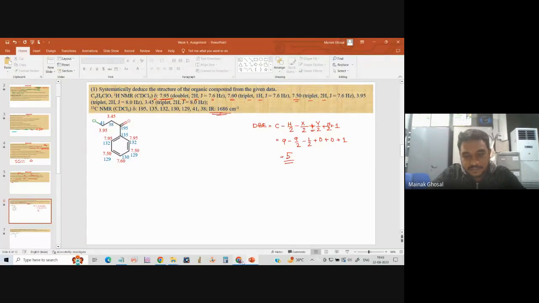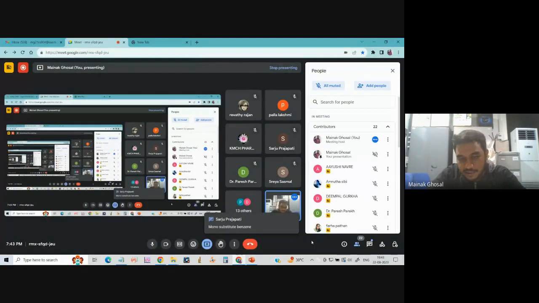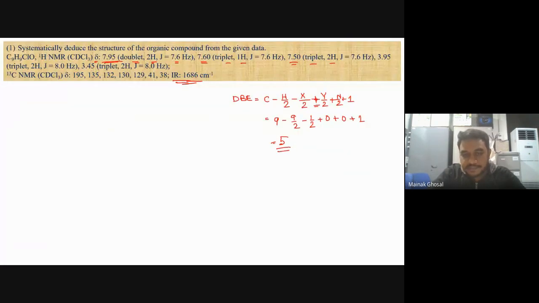So in an aromatic compound, someone is writing something. It's better you speak. Monosubstituted benzene. Good. Whenever you have three different kinds of protons, and these three protons come in the aromatic region, 7, 8, 6, 7, 8 region, you can clearly see that three different kinds of aromatic protons are present.